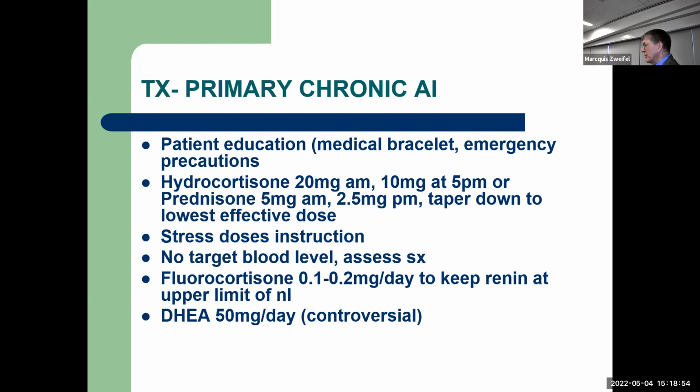Now I can't say that anymore because if you're on 10 and 5, I really want you to go to 40 and 20. Okay? So you've got to quadruple your dose, not double. So I think we're being more specific about what dose we want them to go to instead of saying double your dose, because we're tending to go down on doses to get them with less side effects.